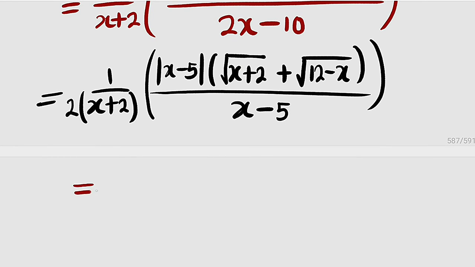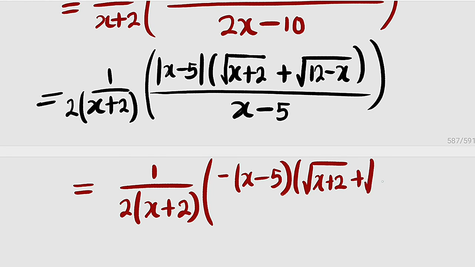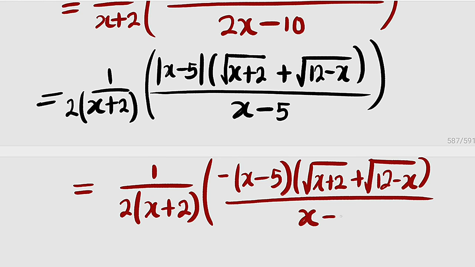So this is equal to 1 divided by 2 times x plus 2, multiplied by negative x minus 5, right? Then multiplied by the square root of x plus 2 plus the square root of 12 minus x, divided by x minus 5.